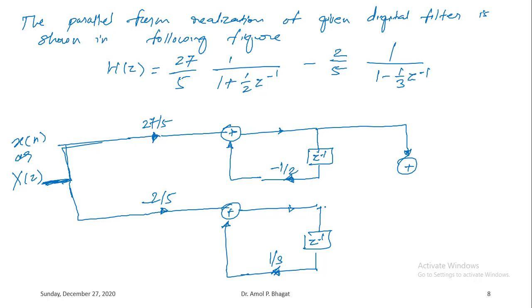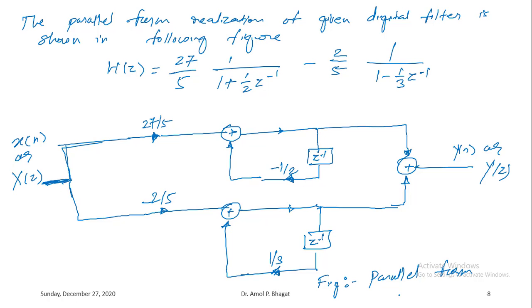So again you can add this into this adder to get the output y of n or capital Y of Z. Okay, so this is how you can obtain the parallel form realization for the given IIR systems or digital filters. So this figure indicates parallel form realization.